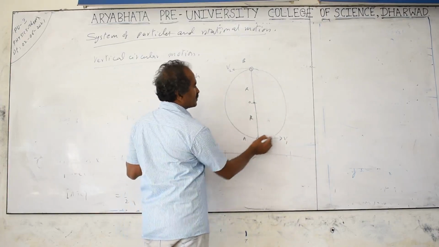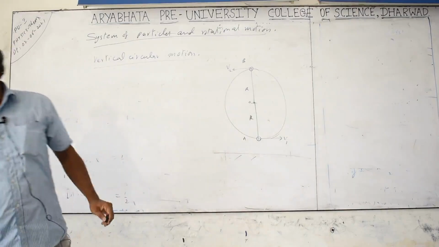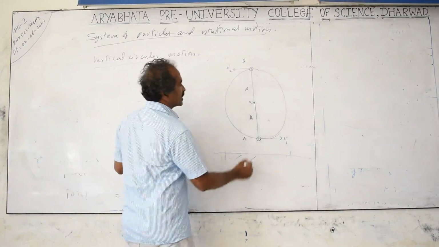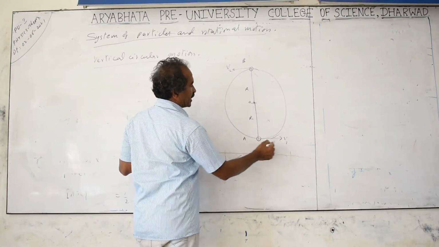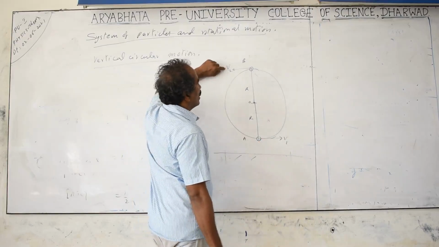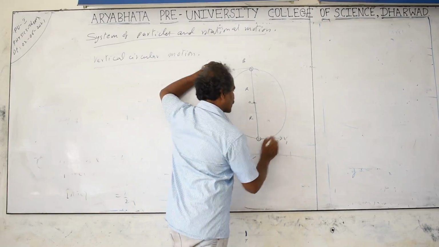When the object goes from bottom to top with non-uniform speed, the potential energy increases and the kinetic energy decreases. The potential energy increase is equal to mg into h, equal to 2r, and the kinetic energy decrease is the final kinetic energy minus the initial kinetic energy, half m v2 squared minus half m v1 squared.